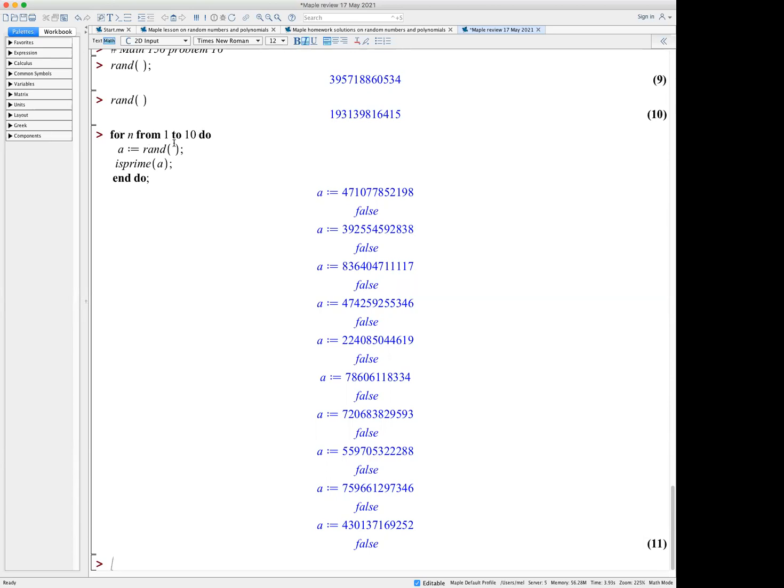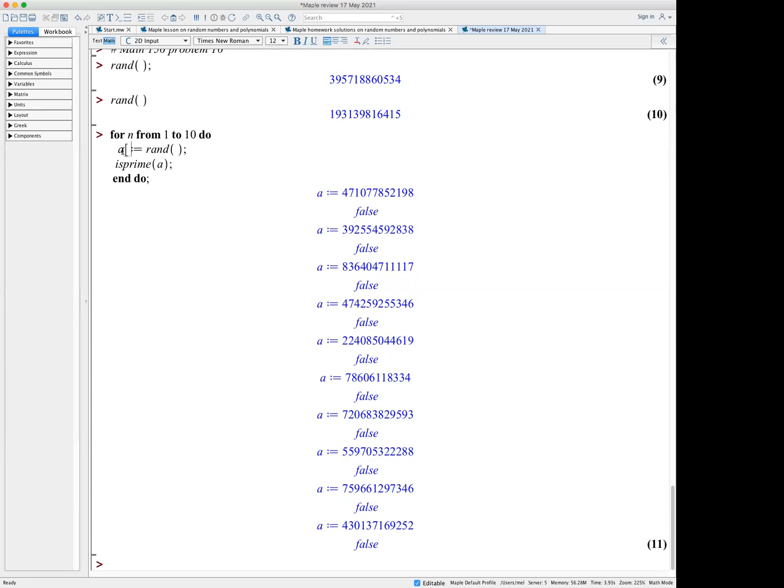But this is what the program is. And I have to do this sort of roundabout thing. Let a be the random number and tell me if it's prime, and then just repeat this 10 times. I had to give this random number a name. I called it a every time. I could have enumerated them, a n.